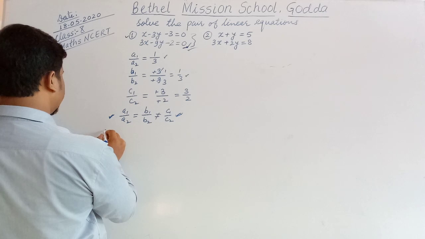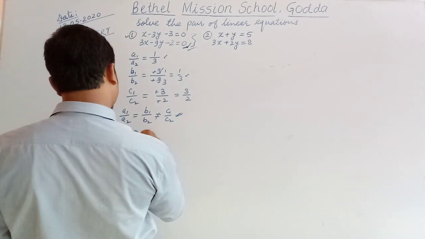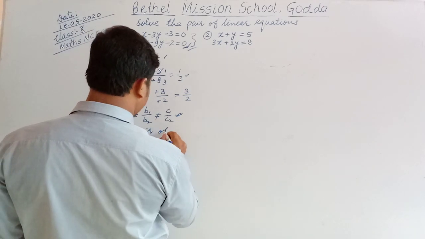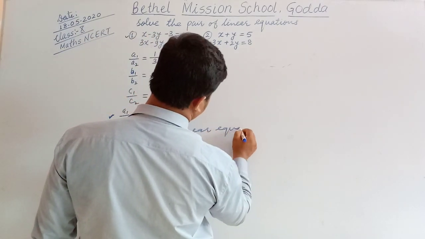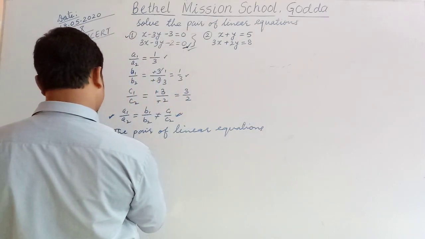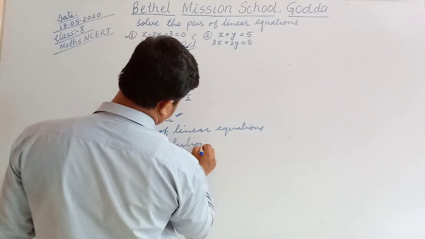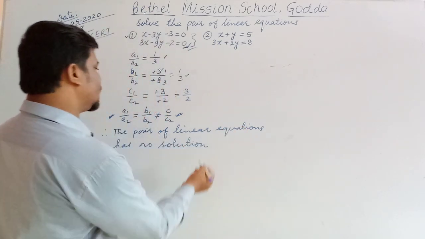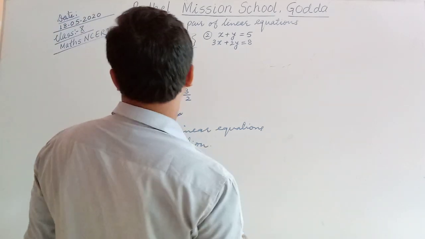So you will write: therefore the pair of linear equations has no solution. If there is no solution, then we will not solve it. We will stop solving. So this is it.